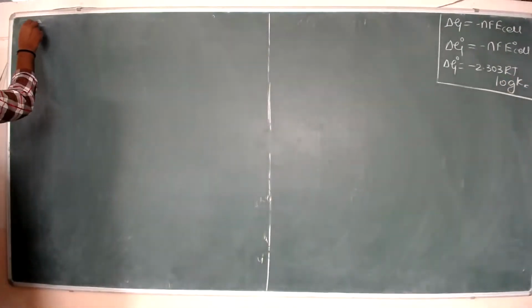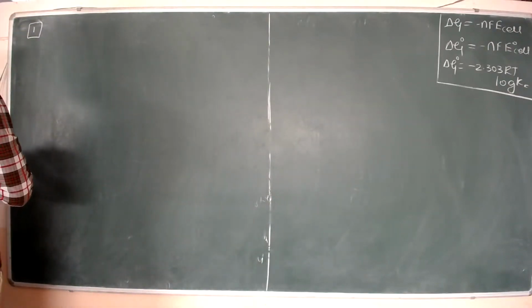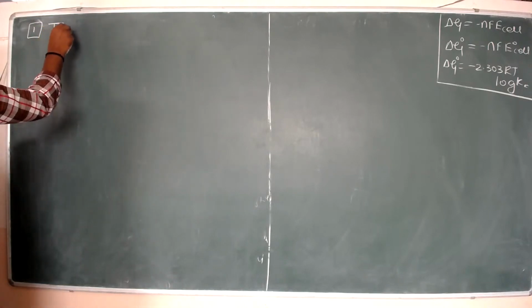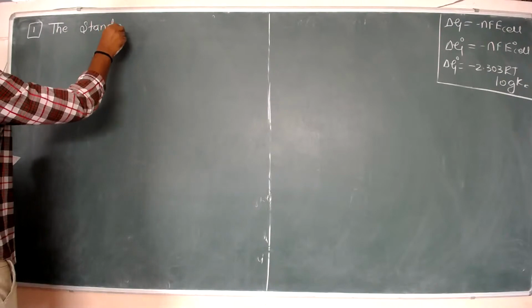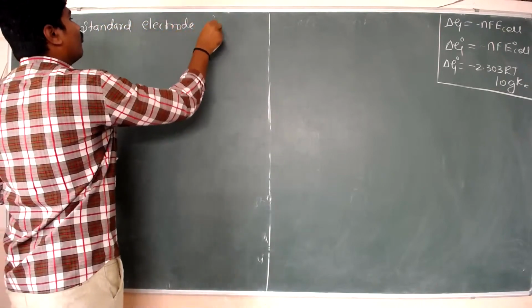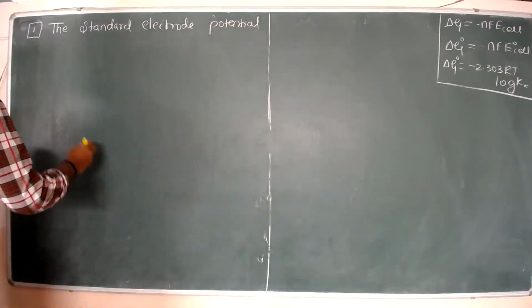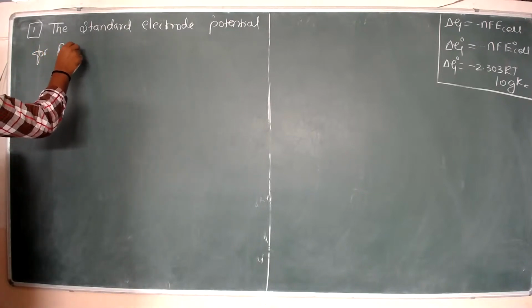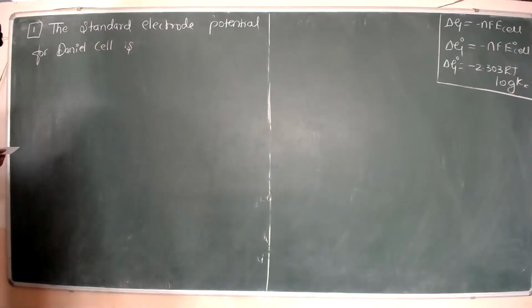Only two numericals are there. Now the first numerical. The standard electrode potential for the Daniel cell is 1.1 volt.